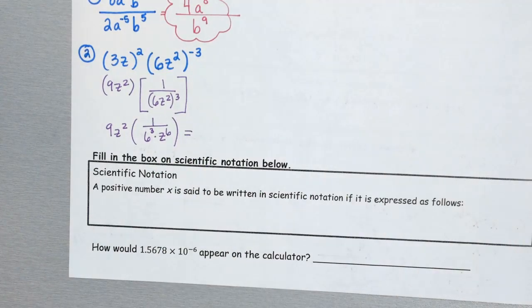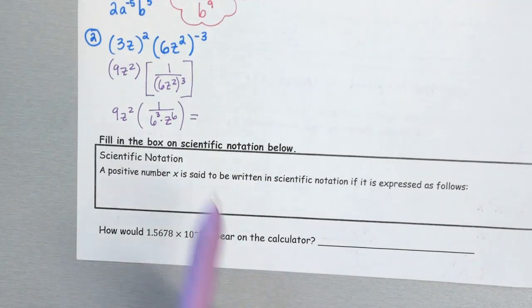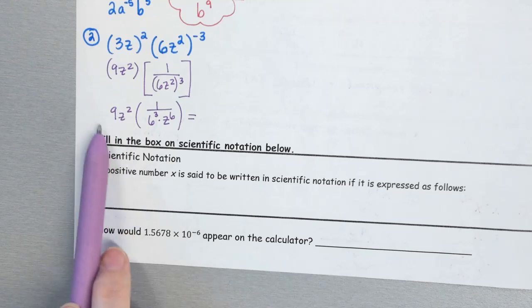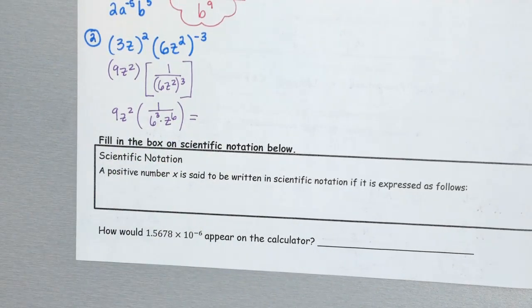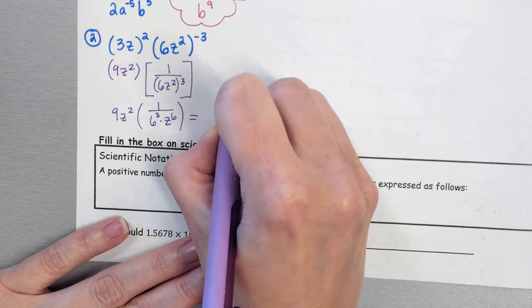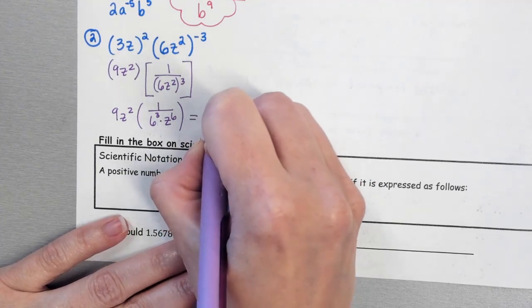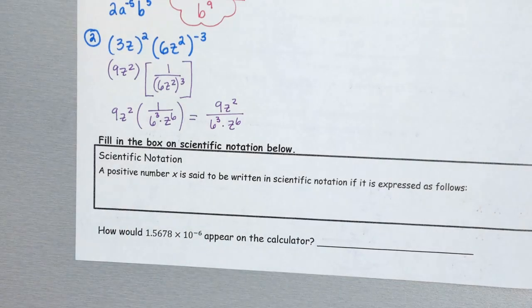Now remember, when you are multiplying a fraction and a whole number, the 9z squared is getting multiplied by what over here? Just the 1. So 9z squared is on the top, 6 cubed times z to the 6.